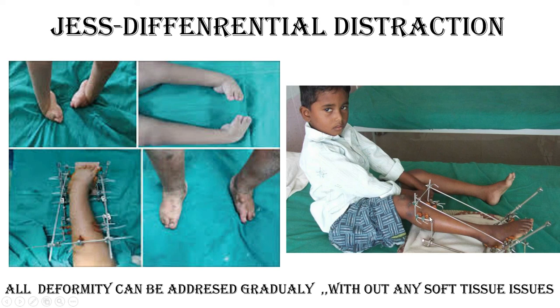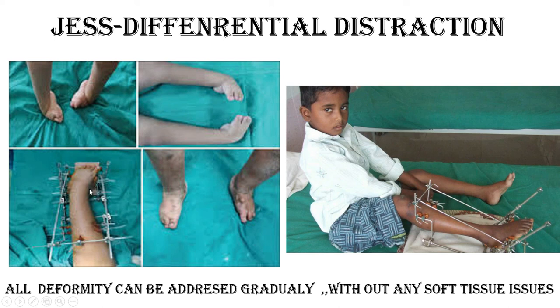Differential distraction means, as it is a deformed foot, you have to put K wires through and through the bone, and apply a distractor. If we distract this foot 1 millimeter, you have to distract this area 0.5 millimeter.